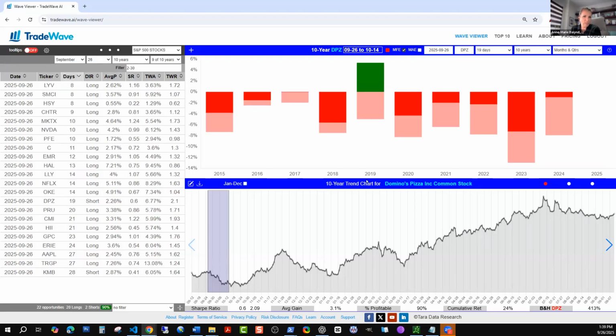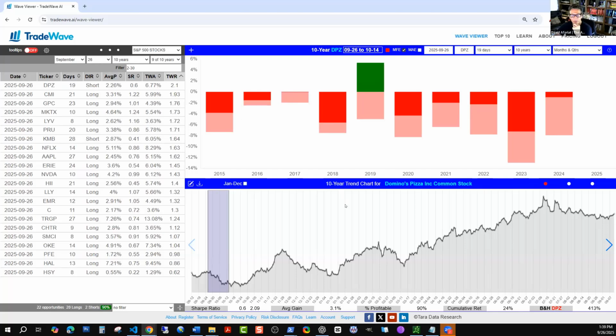Right, but I actually sort by TWR, the TradeWave ratio, the last column there. And then I say, okay, so with a high ratio of Sharpe ratio and maximum, what is it, MFE. MFE, which on a short would be the pink part.